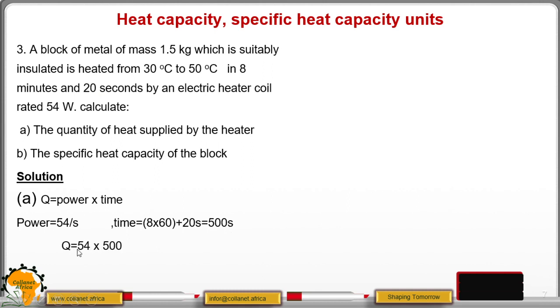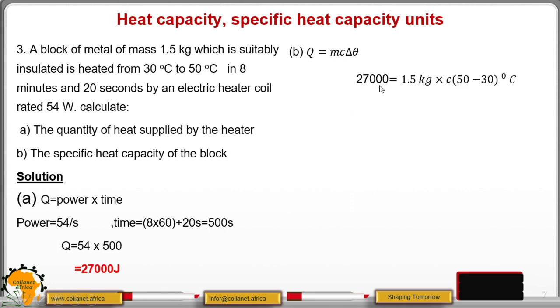Now our quantity of heat will be 54 times 500. You get that it is 27,000 joules. That is the energy or the quantity of heat supplied. Then part B, we want to get the specific heat capacity. We use this formula. Q is equal to mc change in theta, where m is the mass, c is the specific heat capacity, and change in theta is our change in temperature.